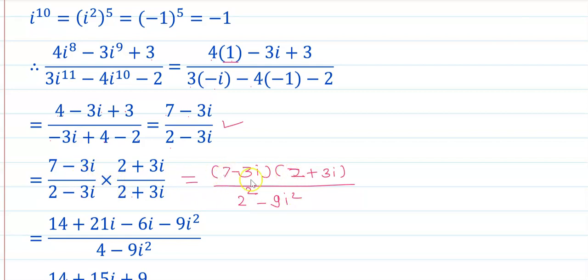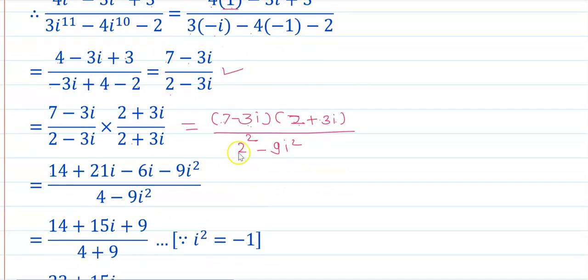Next, multiplication: 7 into 2, 14. 7 into 3i, that is 21i. Minus 3 into 2, minus 6i. Minus 3i into plus 3i, that is minus 9i square. And to the denominator, 2 square is 4. Minus 9i square means what again? Minus 1.